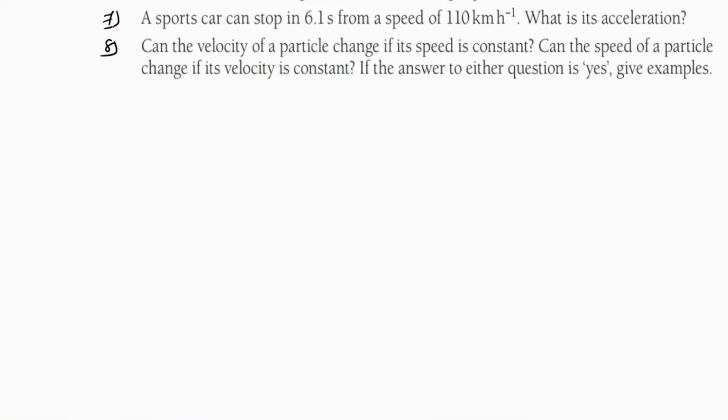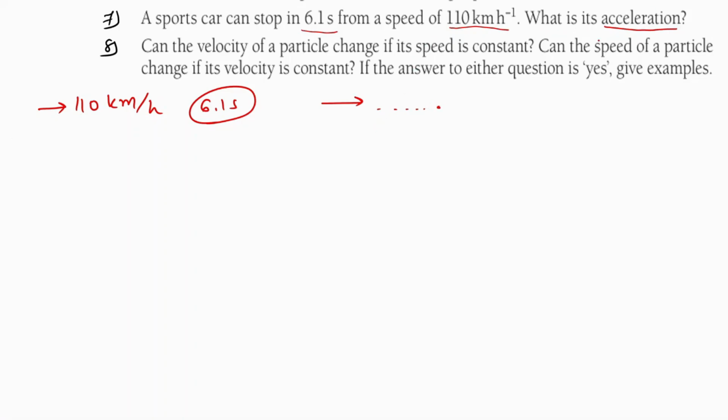Now we move forward. Question number 7 says a sports car can stop in 6.1 second from a speed of 110 kilometer per hour. What is its acceleration? So the sports car is moving with a speed of 110 kilometer per hour, and it should stop in 6.1 second. It covers some distance and stops here.